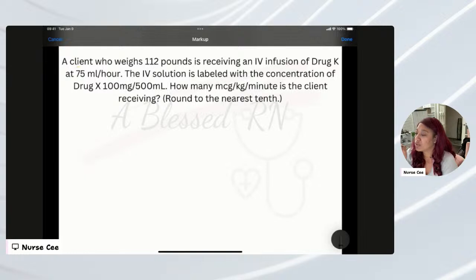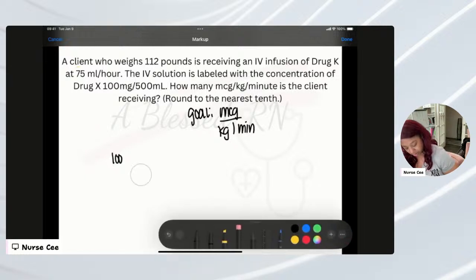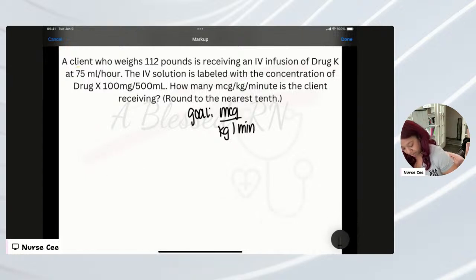Okay, so with dimensional, you still just use your 1 hour is 60 minutes conversion. So just like you had to divide by 60, you're still going to set it up so that you divide by 60. Because if the goal is microgram per kilogram per minute, let me start on this side. 1,000 micrograms is 1 milligram.